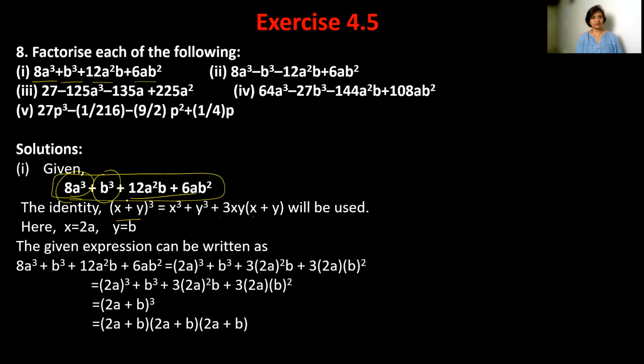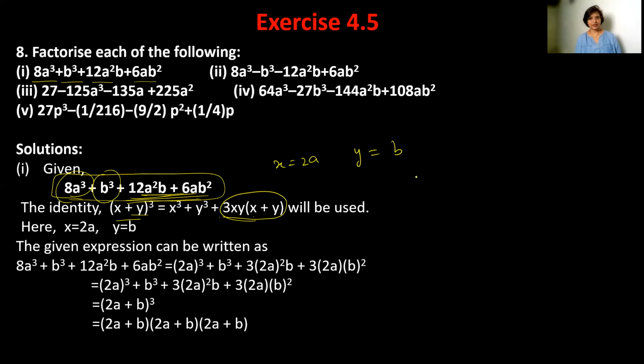So we try to make it in that form. Here x is 2a and y is b. If putting these two values in this formula gives this expression, that means we are using the correct identity.